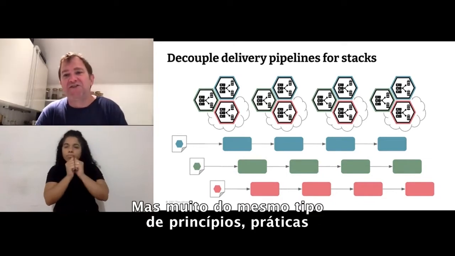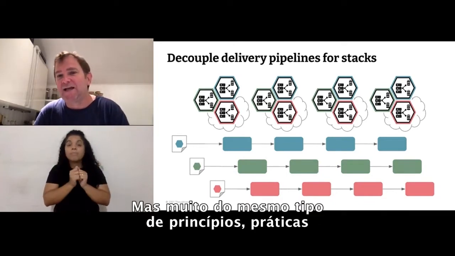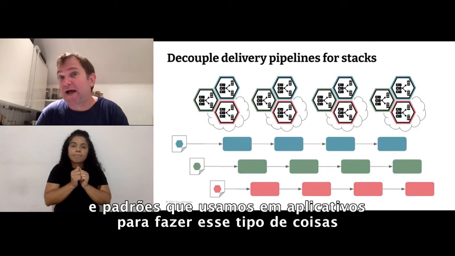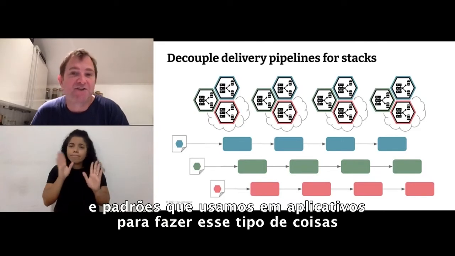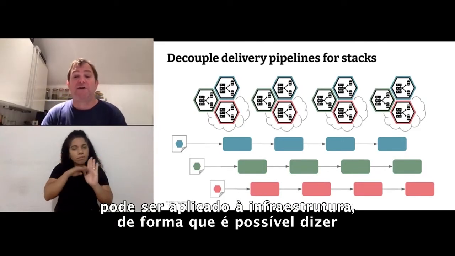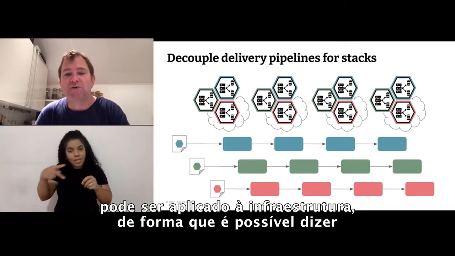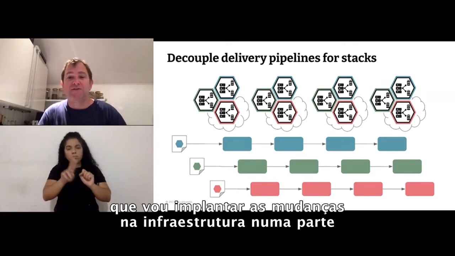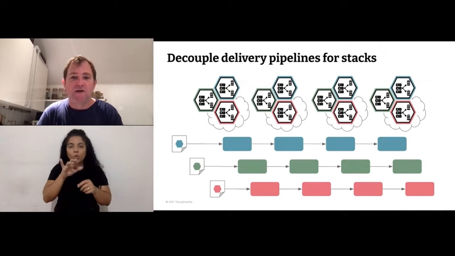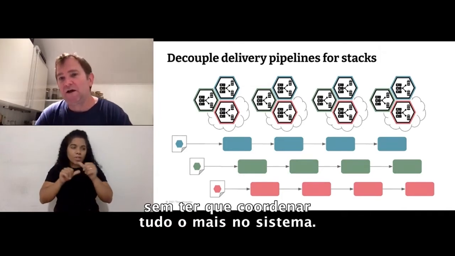But much of the same principles, practices and patterns that we use in applications can be applied to our infrastructure as well, so that it's possible to say, I'm going to deploy the changes to the infrastructure for this part of the system without having to coordinate across everything else in the system.